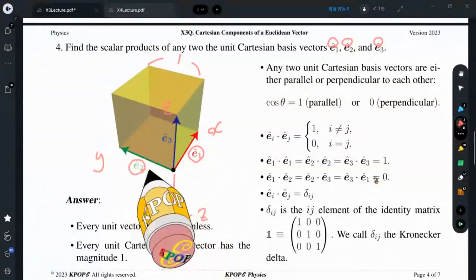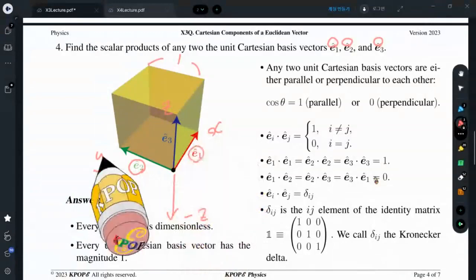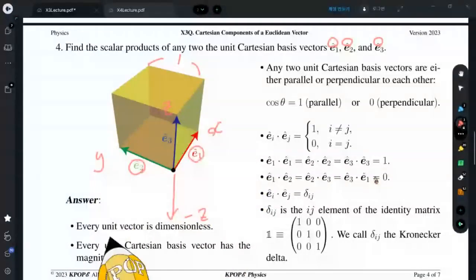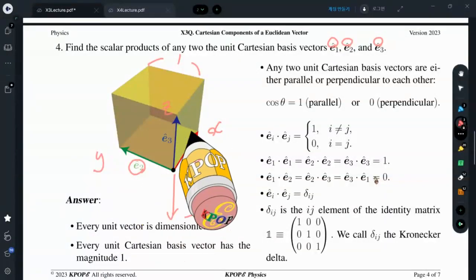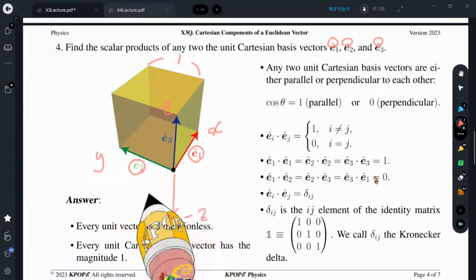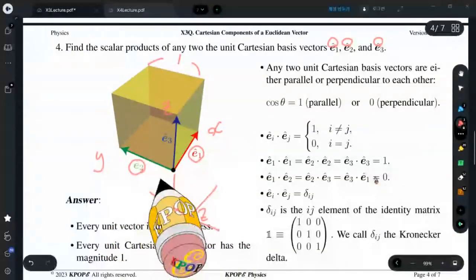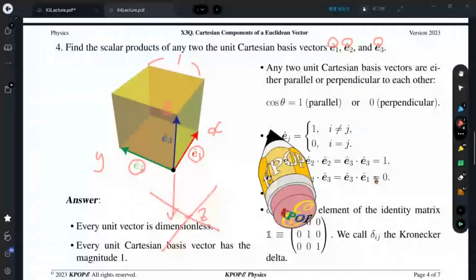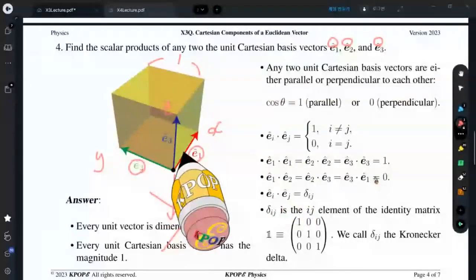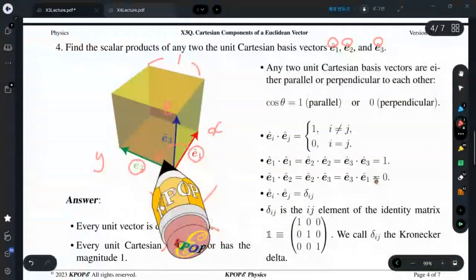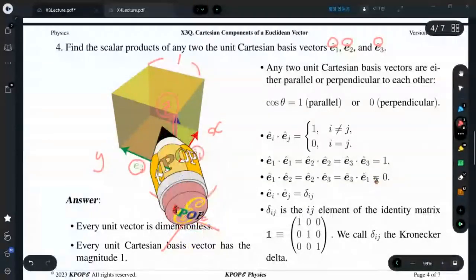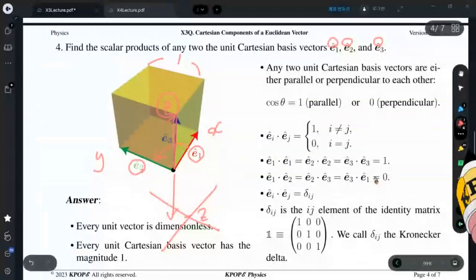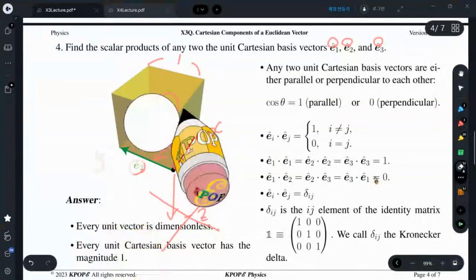Our convention to choose the x, y, z-axes is the right-handed screw law. If you use your right hand, swipe from the x-axis to the y-axis, and your thumb is heading toward the positive z-axis. That's fine.